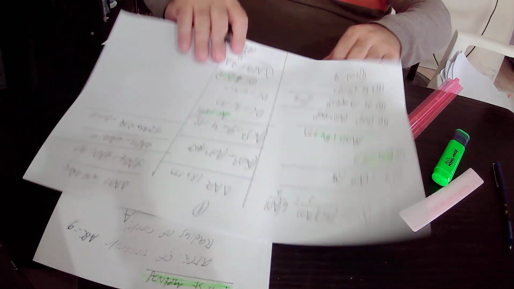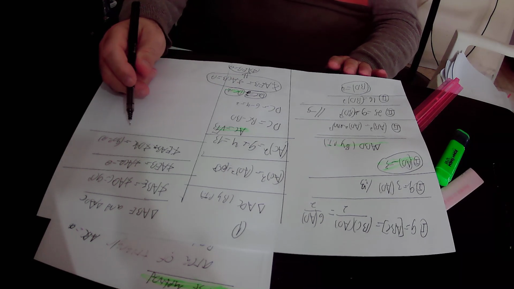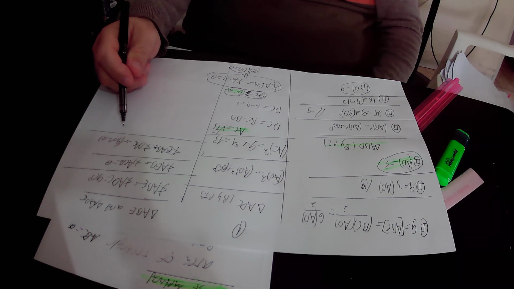Repeat again. Angle EAB equals angle DAC, and both are equal to 90 degrees minus theta, therefore they are equal to each other.